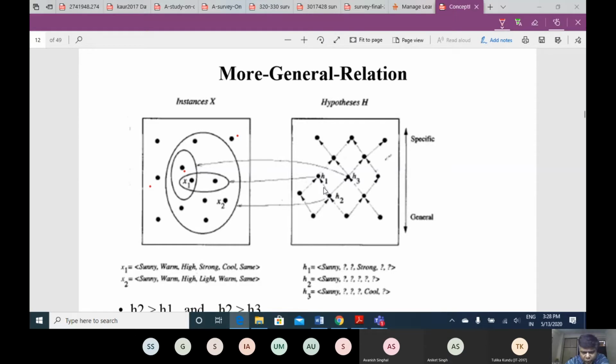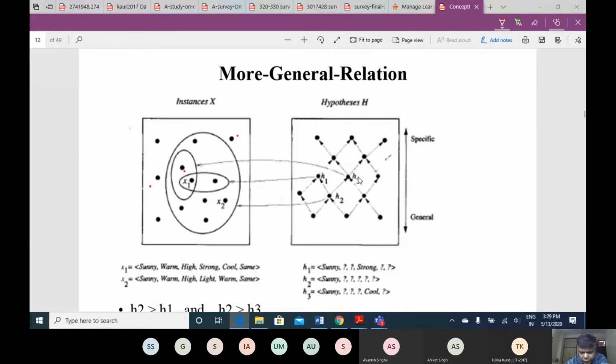So you can show all these hypotheses by this kind of graph structure. In this graph every node is representing a particular hypothesis. If an arrow is pointing from one hypothesis to another, that means H3 is a subset of H2.